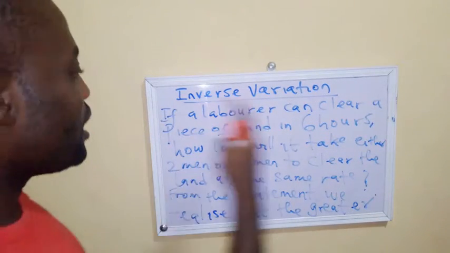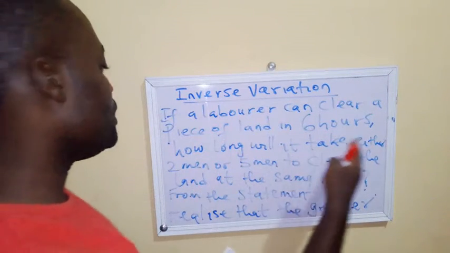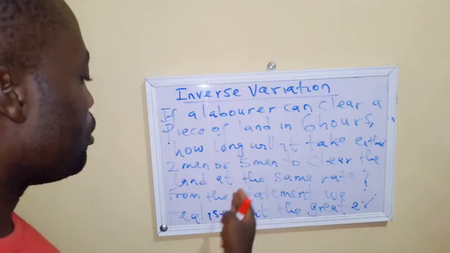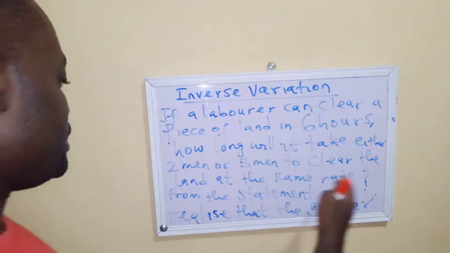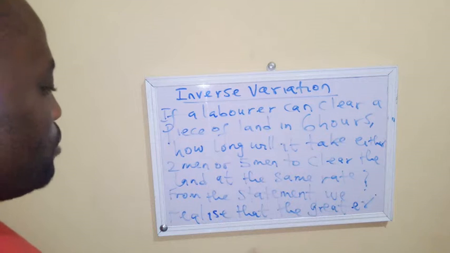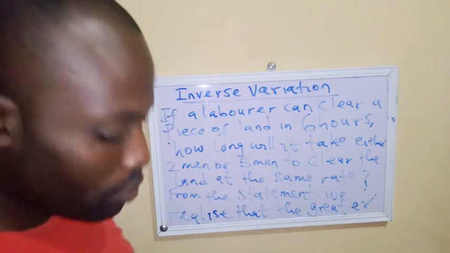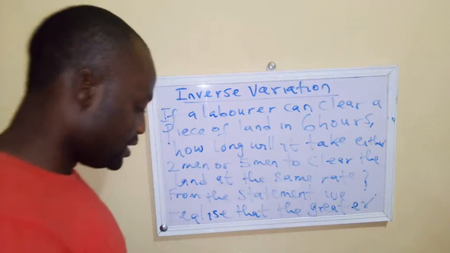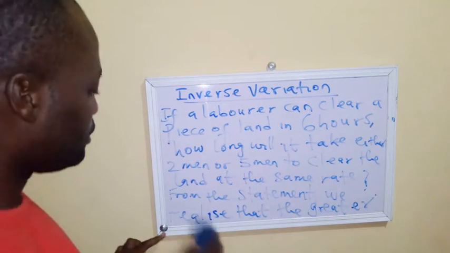If a laborer can clear a piece of land in 6 hours, how long will it take either 2 men or 5 men to clear the land at the same rate? Now, from the statement, we realize that the greater the number of people, the less time it takes to clear the land.